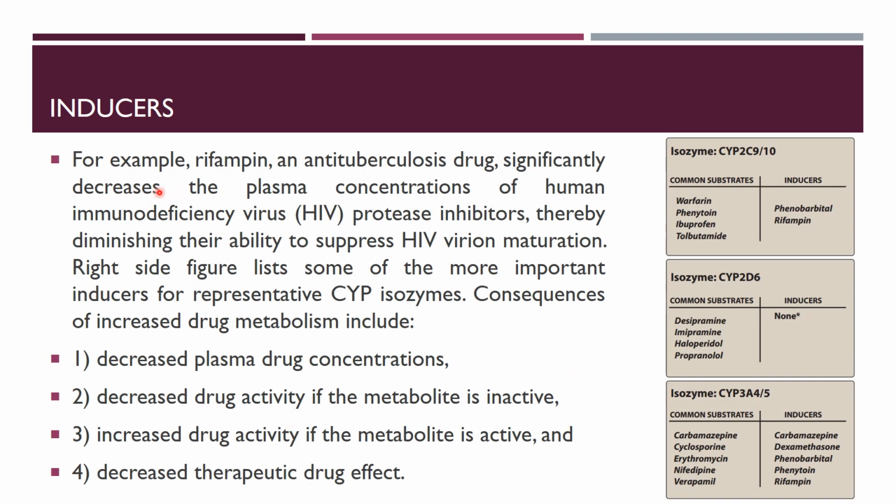For example, inducers, for example, rifampin and anti-tuberculosis drugs, significantly decrease the plasma concentrations of human immunodeficiency virus HIV protease inhibitors, thereby diminishing their ability to suppress HIV virion maturation. The right side figure lists some of the more important inducers for representative CYP isozymes.